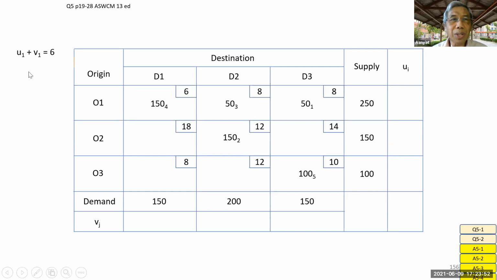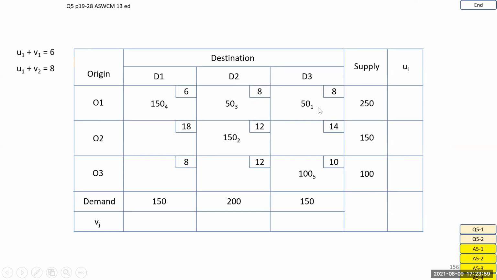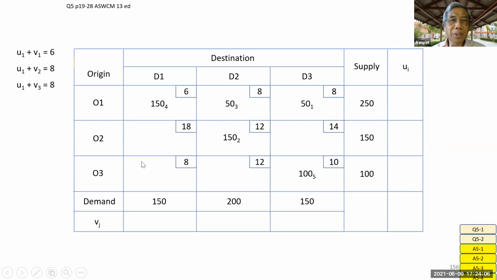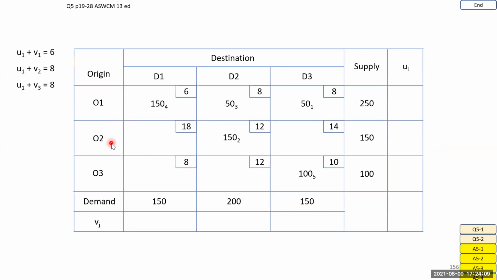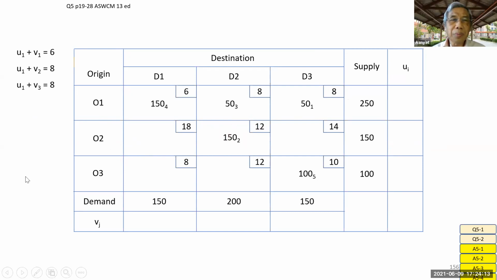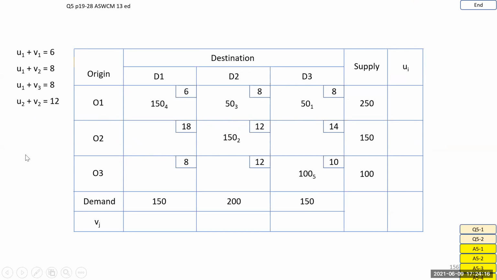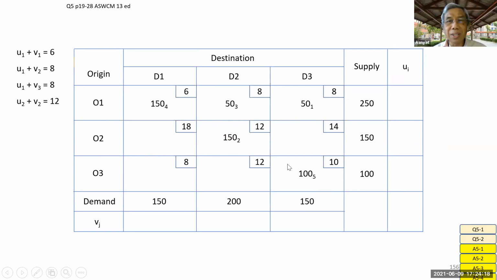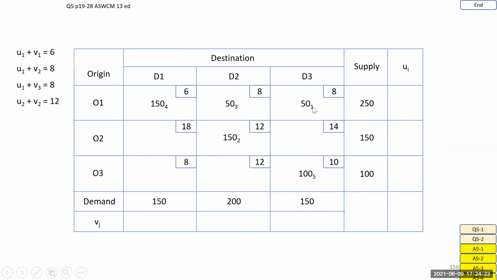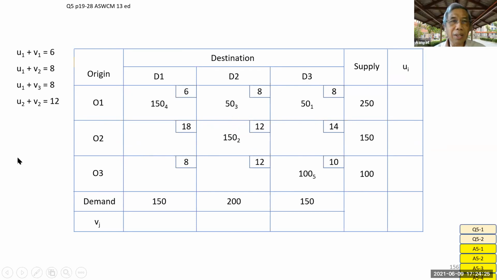U1 plus V3 equals 8. Then U2 plus V2 equals 12. And then we have one more: U3 plus V3 equals 10.